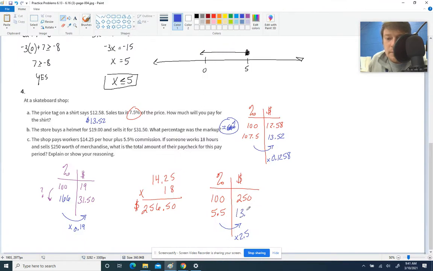So I get to keep $13.75 of that, plus the money I make from working, $256.50. So that comes to $270.25. And that's my answer for part C.